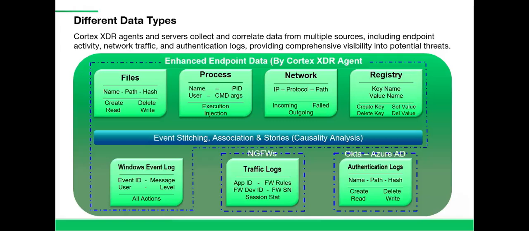For network connections, right? The IP addresses, communication ports, protocol, if the traffic is incoming traffic, outgoing traffic, if the session was established or failed. For registry keys, right? It will monitor keys creation, deletion, keys modification.